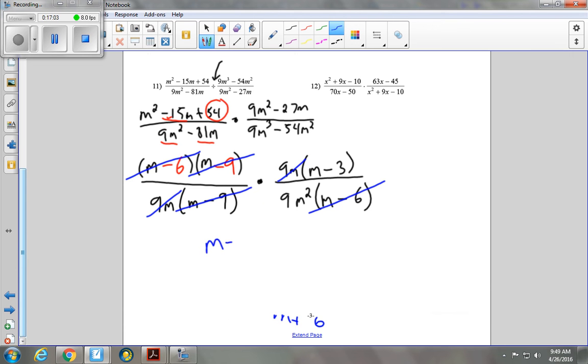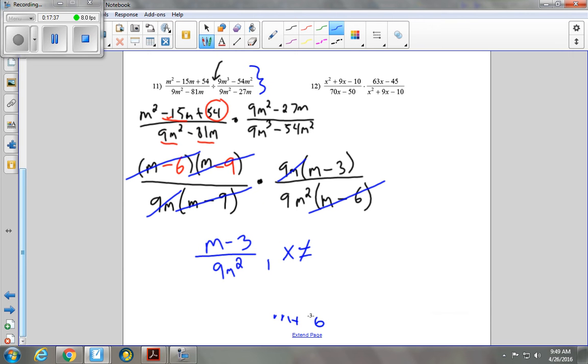Then we just write what we have left. We have m minus 3 over 9m squared, where m cannot be equal to, and now we'll look back to the beginning. Actually, we should have factored it while we're still in the division stage. Oh well. It doesn't matter, because the top and bottom here can't be zero since we just flipped it.